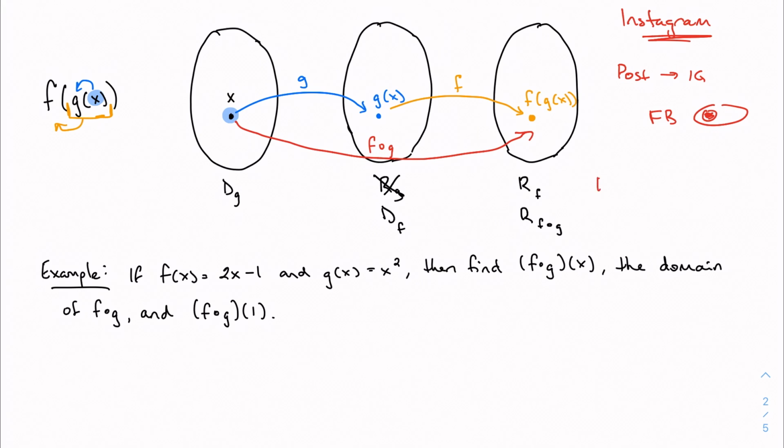I take my photo, I put it directly onto Instagram, I save it, and then post it directly to Facebook. Or I check this little box, switch the little switch that lets me just take the photo and put it on Instagram and Facebook at the same time, and that's kind of the best thing I've come up with to maybe wrap your head around what composition of functions is.